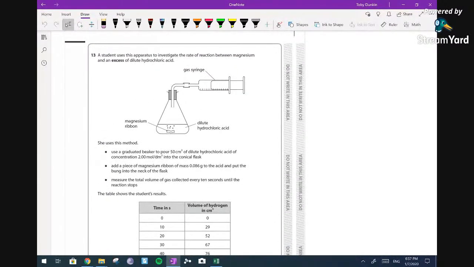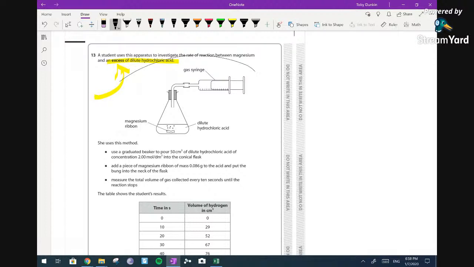So question 13, a student uses this apparatus to investigate the rate of reaction between magnesium and an excess of dilute hydrochloric acid. Now it's nice for me to just point out they have already emphasized this word excess, and of course we all know that that means too much. They've added more than enough. So I'm assuming that there's going to be a question that relates back to that.